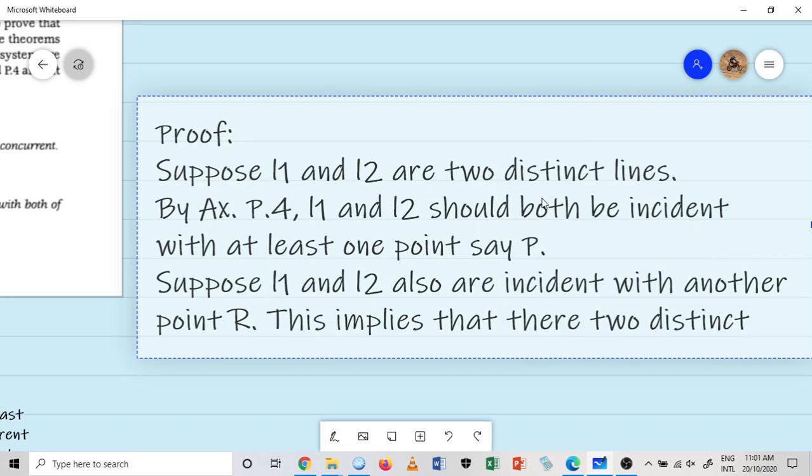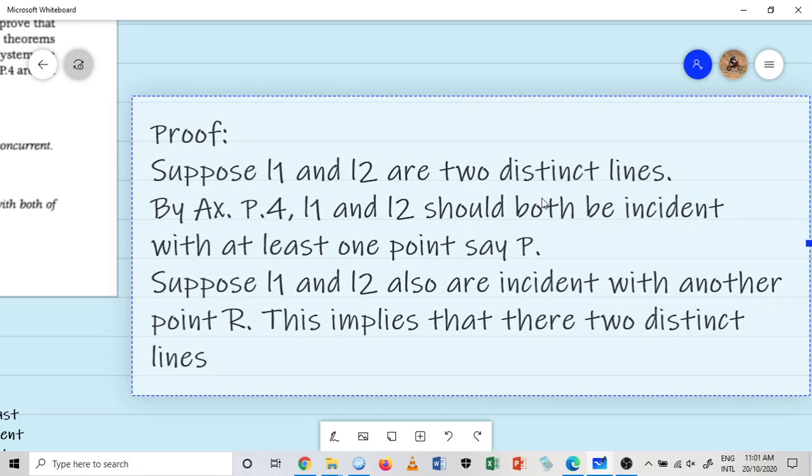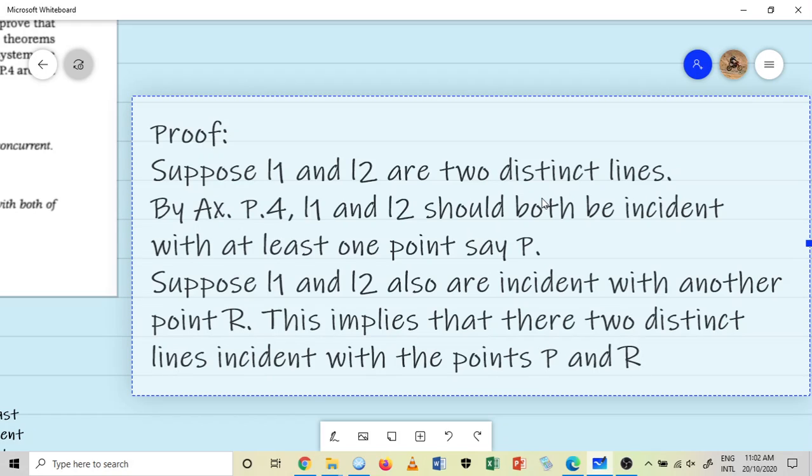So there would be two distinct lines incident with the points P and R. But this would contradict one of the axioms.